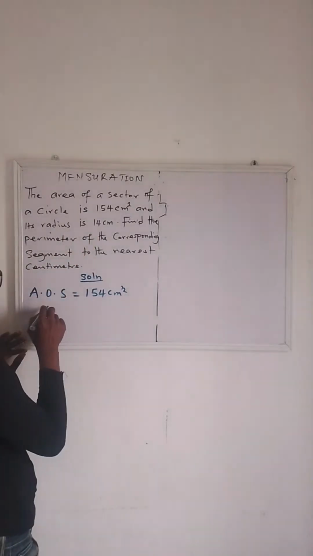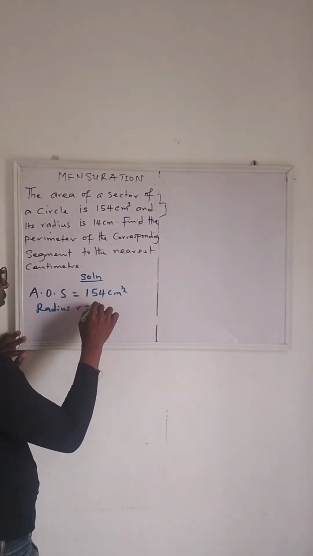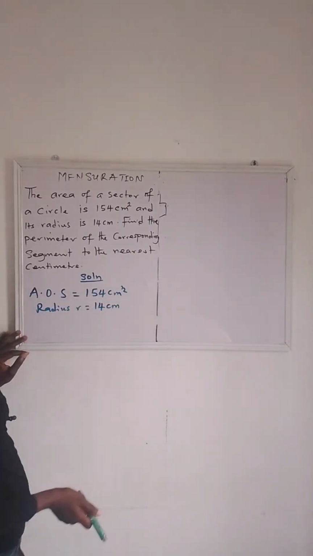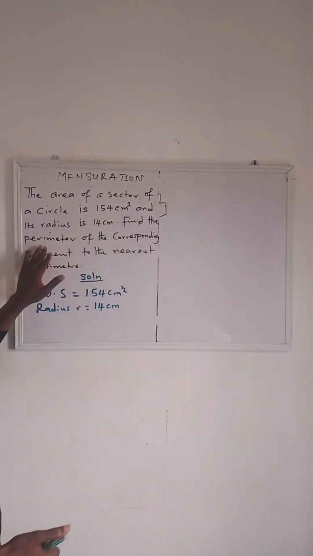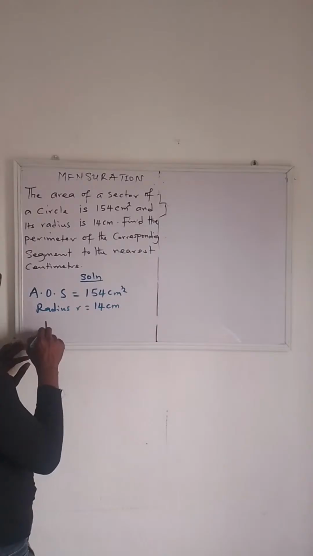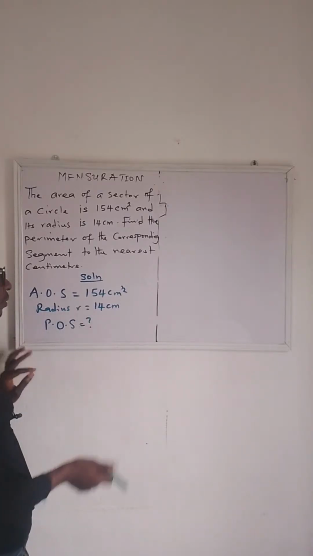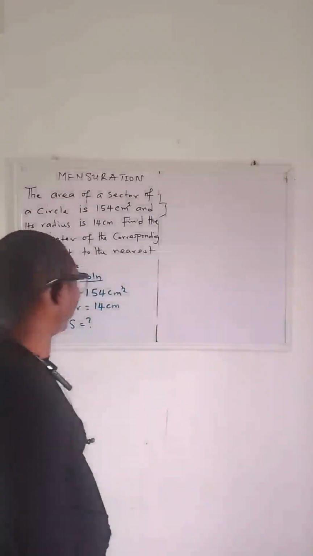So we are given radius r = 14 centimeters. Now the question asks you to find the perimeter of the corresponding segment. That's what we want to do now. So how do we go about this?